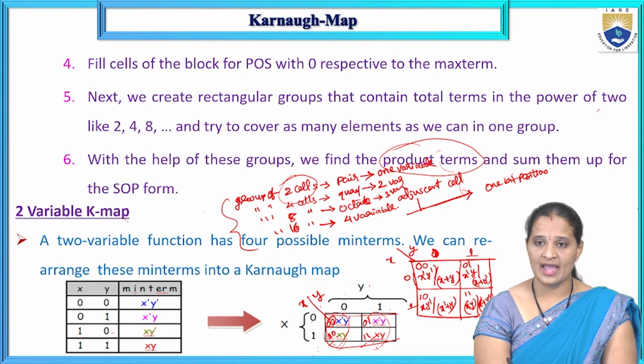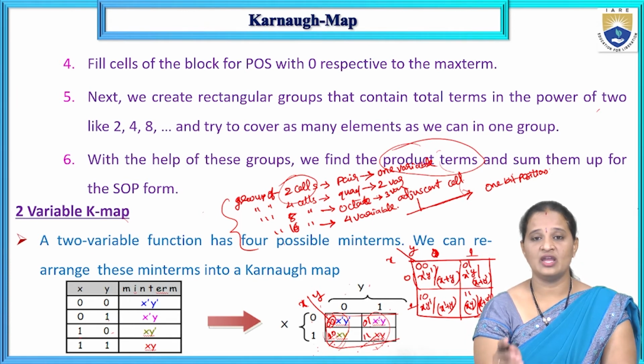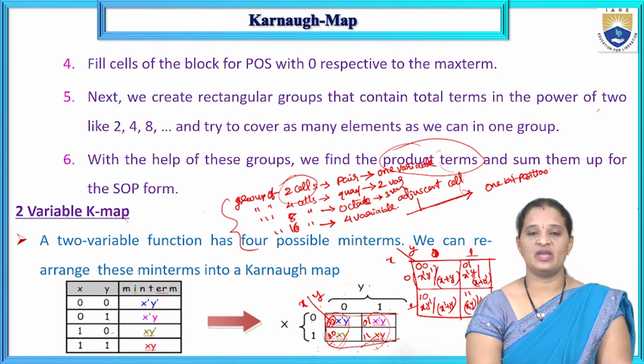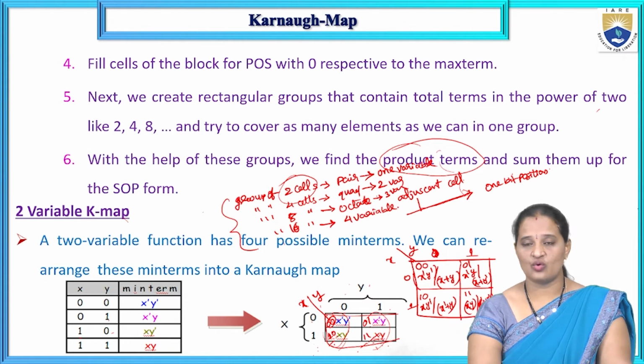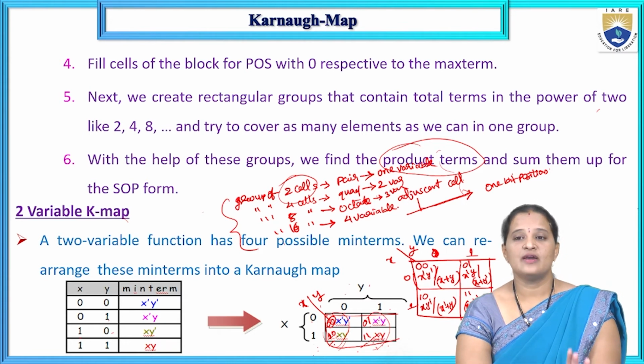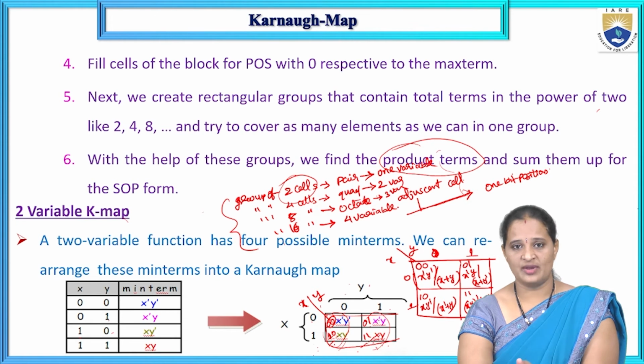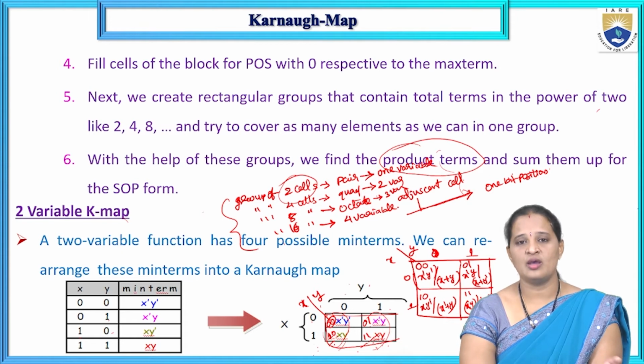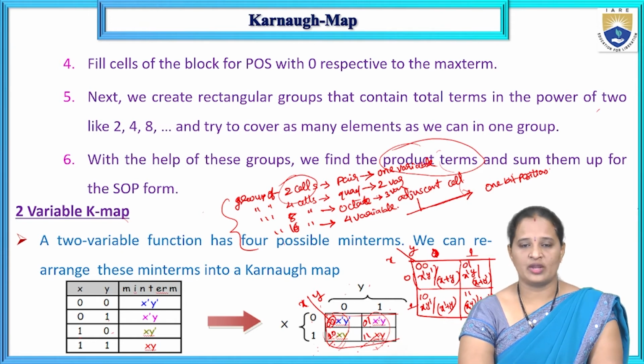Whereas if you look diagonally, 0, 0 and 1, 1, how many variables do they differ by? They differ by 2 variables. So these two are not adjacent. What I want to say here is, the two cells which are neighboring each other, row wise and column wise, are said to be adjacent because they differ by 1.